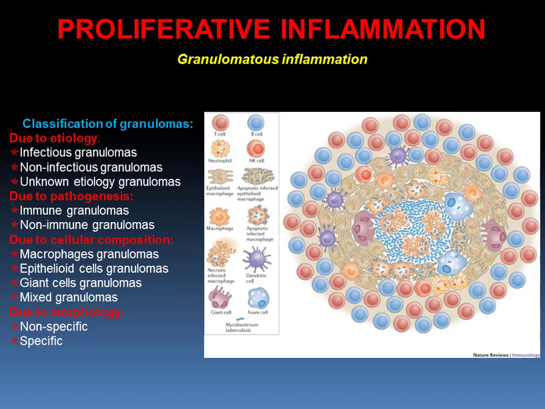And non-immune granulomas pass without participation of the specific organism resistance system against the pathogen. According to cellular composition, granulomas can be divided into macrophage granulomas, epithelioid cell granulomas, giant cell granulomas, and mixed granulomas. Let's see a schematic image of different cell types in granuloma.